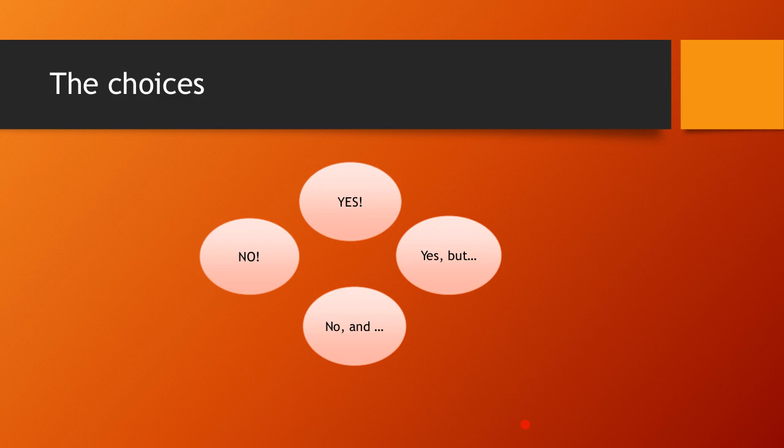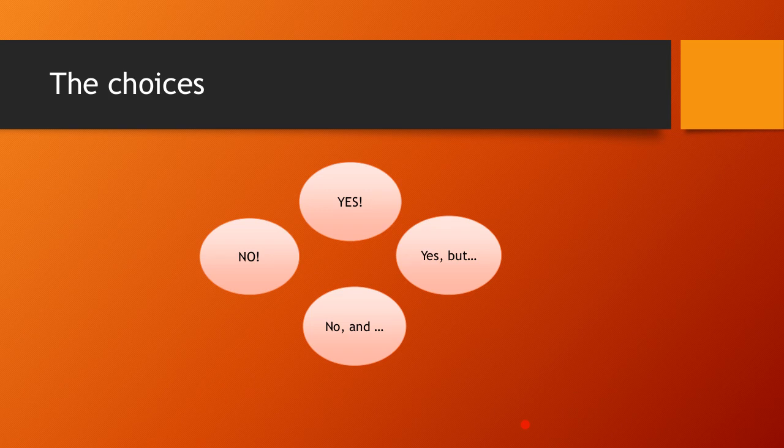There's obviously the no choice, you've done something completely wrong. There's a disaster. In the game, that would be, oops, you died. The yes, where you jump to the next challenge. But more often, your answers will be in the range of yes, but, and no, and.